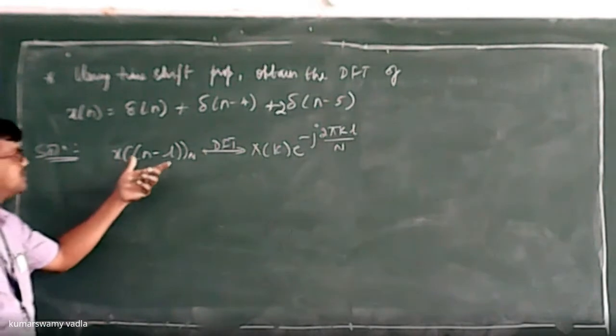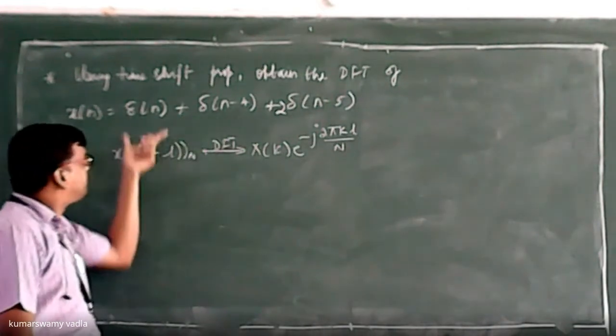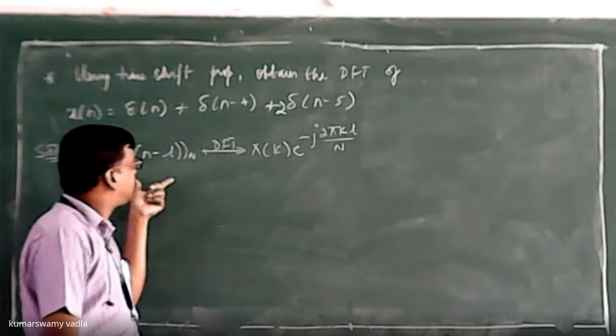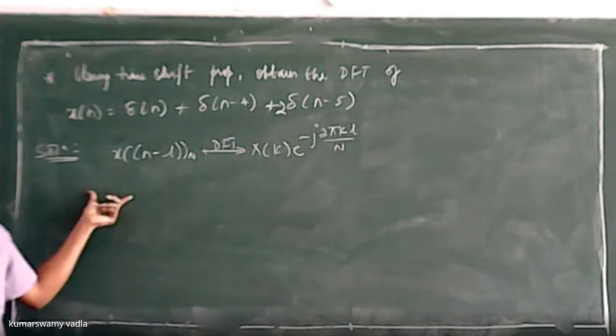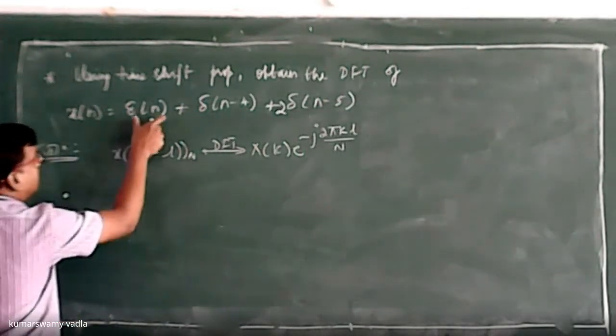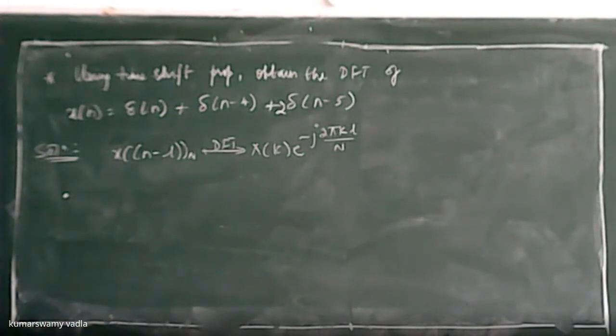Friends, please concentrate. I am taking these one after the other now. First, I will apply delta n, then delta n minus 4, then delta n minus 5. First part, delta n: what do I get here?